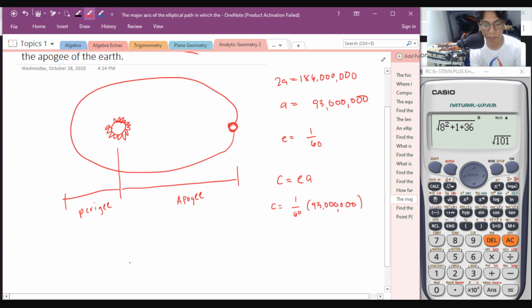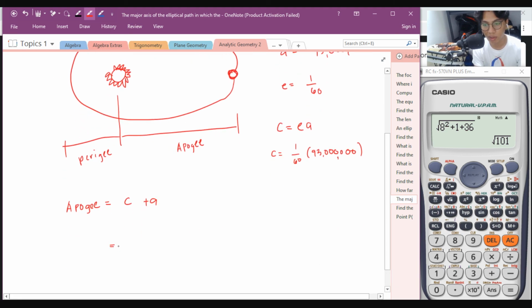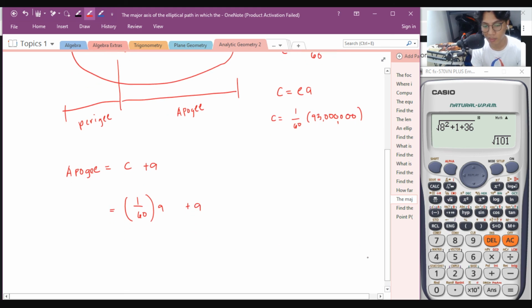Okay? Pwede na yun. The apogee is equal to C plus A. Ano yung value ni A? Ayun o, 93 million. Bale, 1/60 times A plus A. Value na lang ng A. Yung A kasi is equal to 93 million.